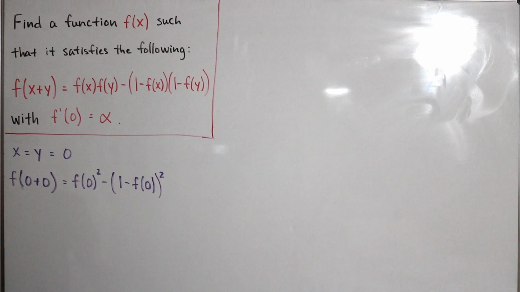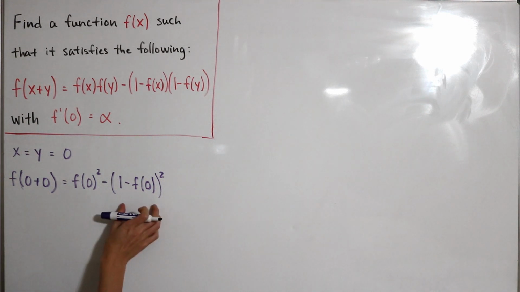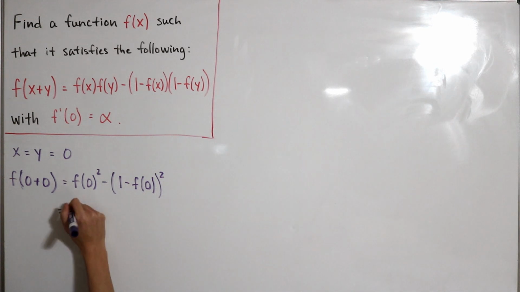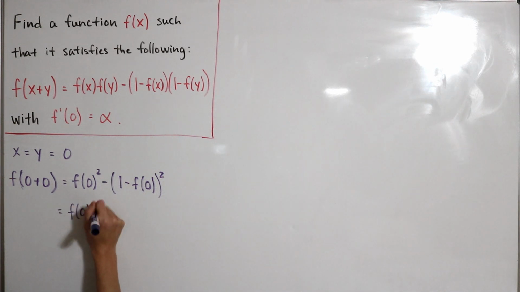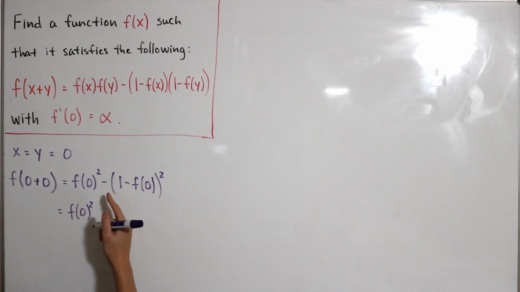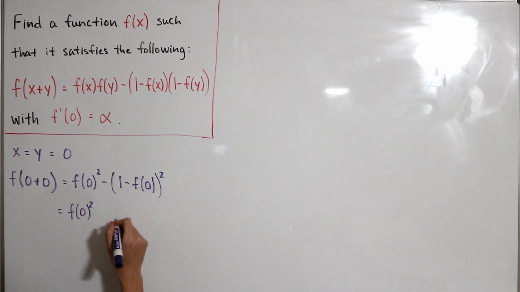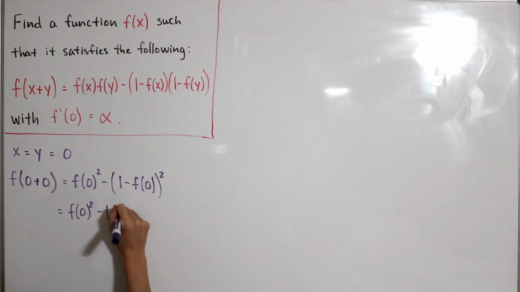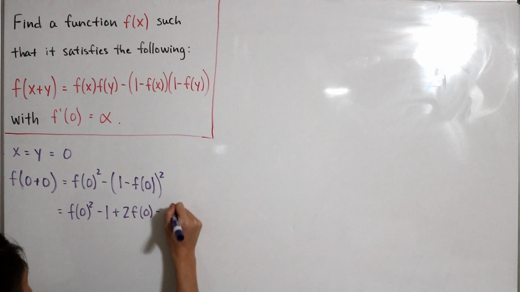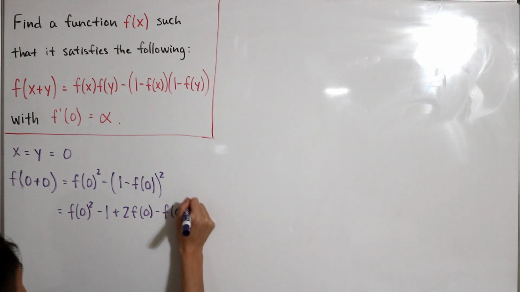We can use the FOIL method to expand this out further. So now we have f of 0 squared, then distributing the negatives into everything with the expansion, we have minus 1, plus 2 times f of 0, and then minus f of 0 squared.